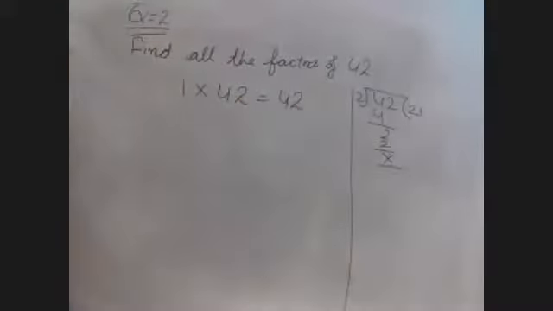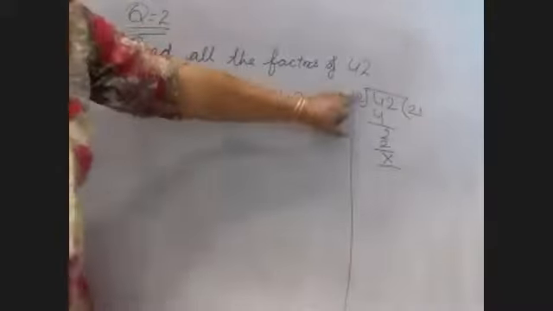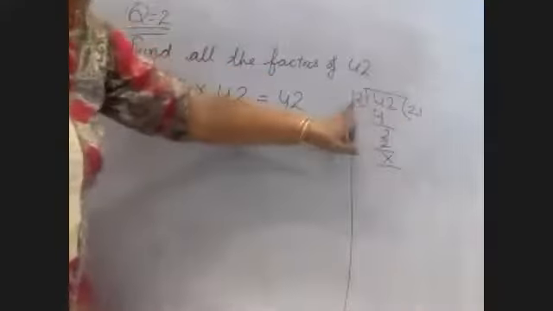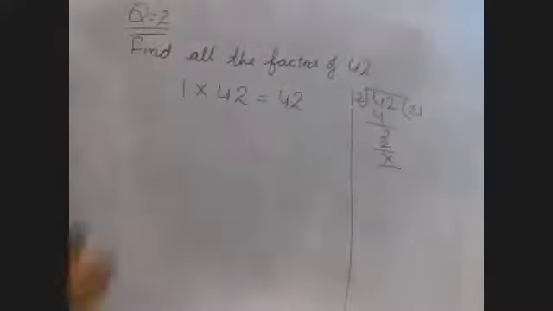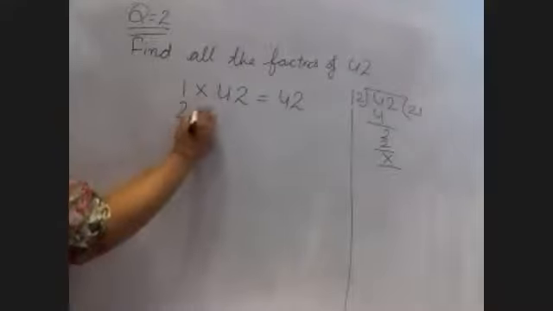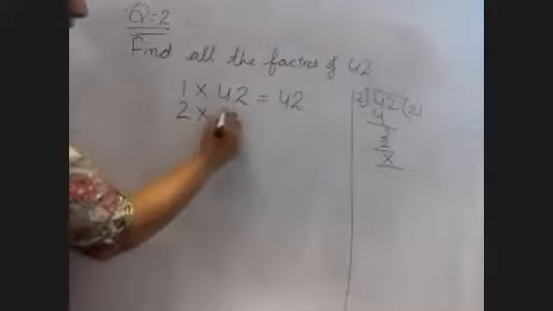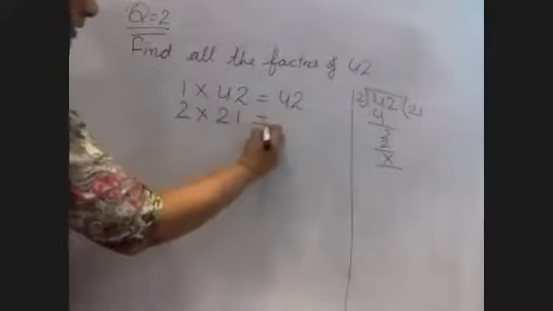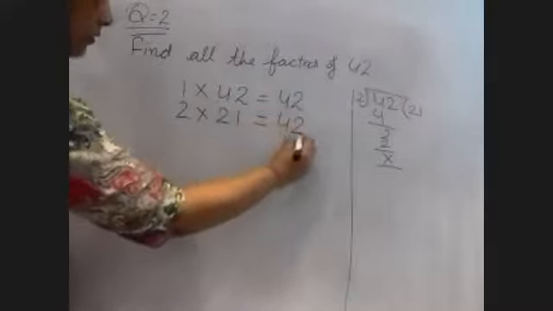If the remainder is 0, it means 2 and 21 are factors of 42. So write here 2 times 21 is equal to 42.